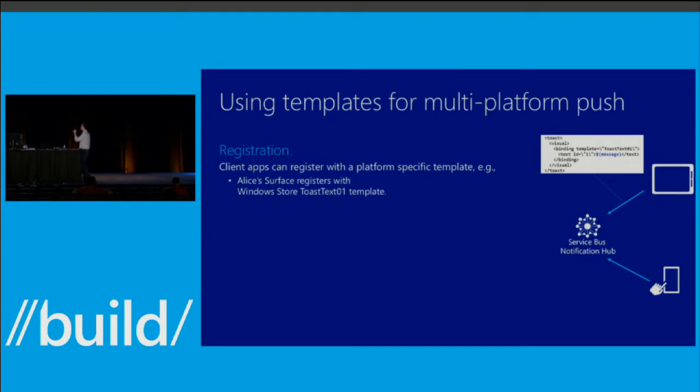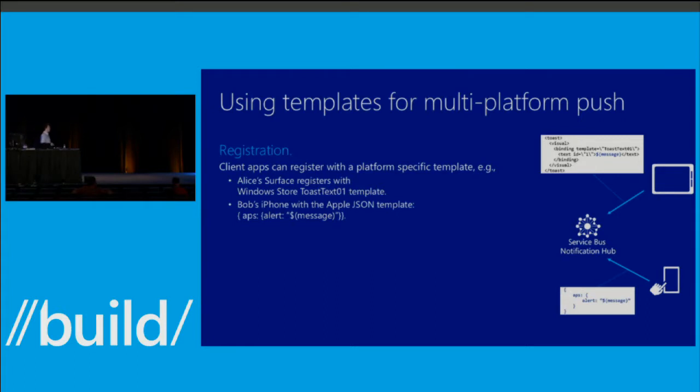So they want to receive Toast, and the actual message that comes from the platform agnostic notification will be inserted in that way. Then we have an iPhone that is registering for the same Toast notifications, and in this case is using the JSON format for APNS. And notice that again for the alert, it's referring to the same message.